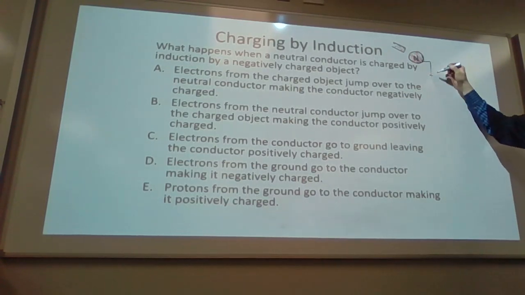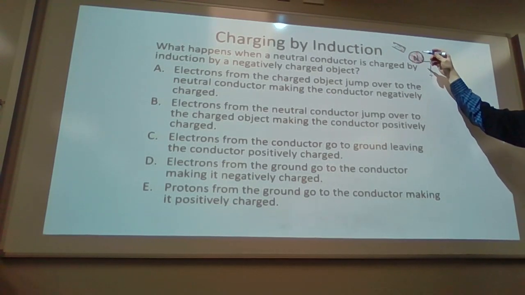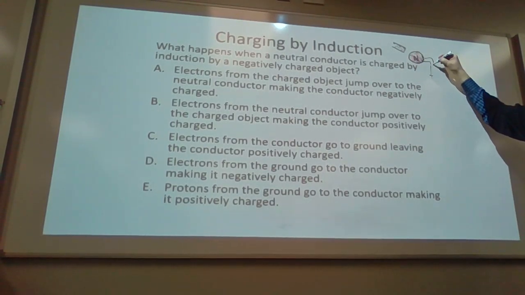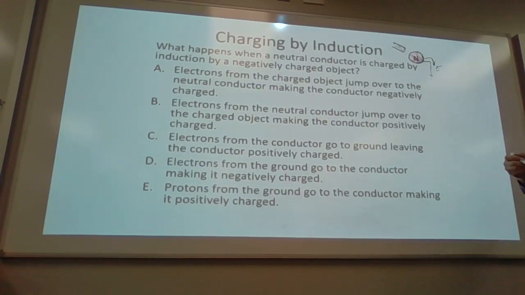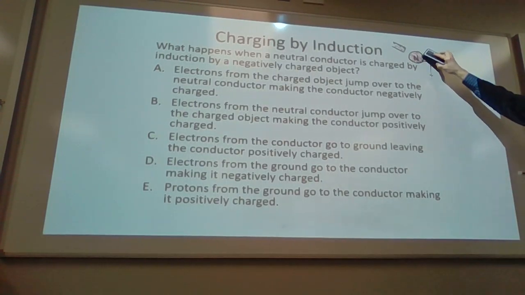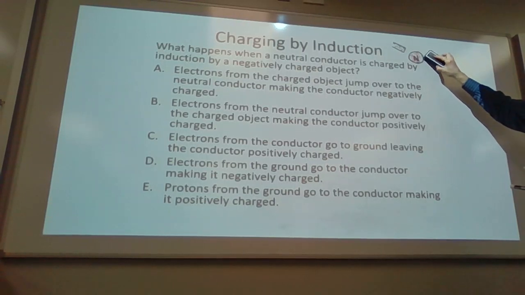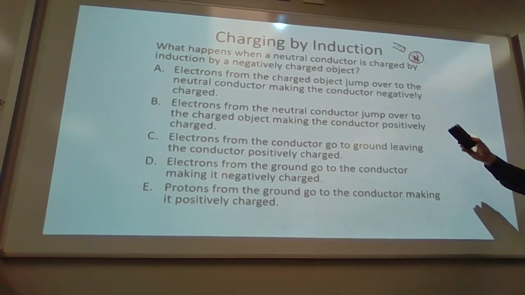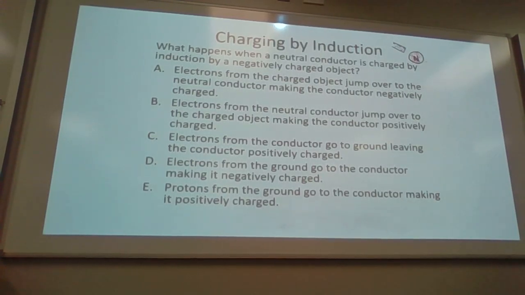So our electrons are going to want to leave here or come up from here. Leave. They're like, I'm out of here. So electrons leave. And then we remove ground, making this electron deficient, so it is now positively charged. C. Good with that?